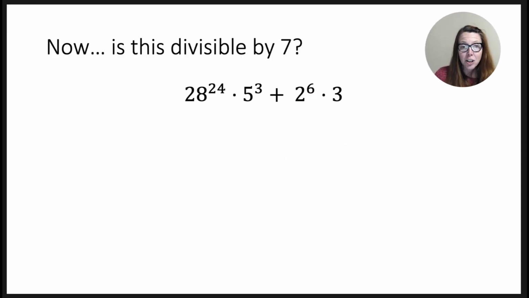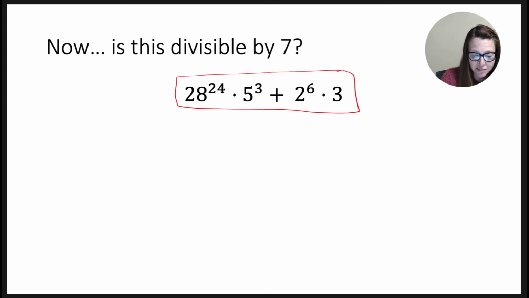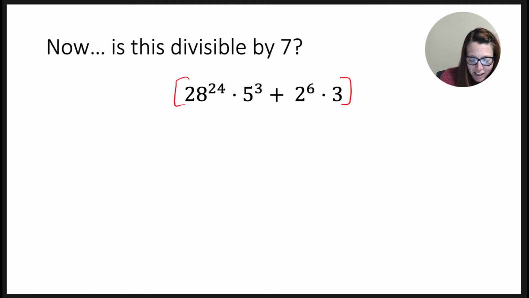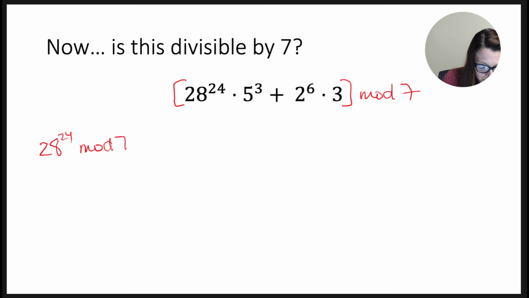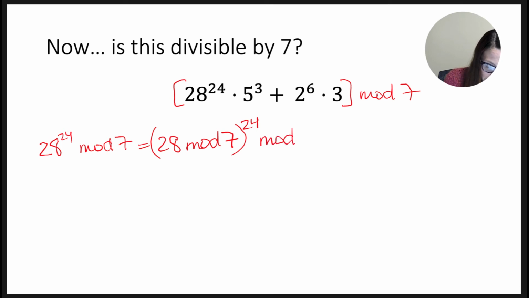With that in hand, now can we check if this number is divisible by 7? Well, if it's divisible by 7, then if I take it mod 7, we should get back 0. We can take a look at each piece because I know that if I take 28 to the 24th mod 7, this is equal to 28 mod 7 to the 24th all mod 7.